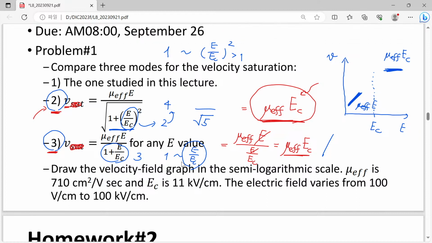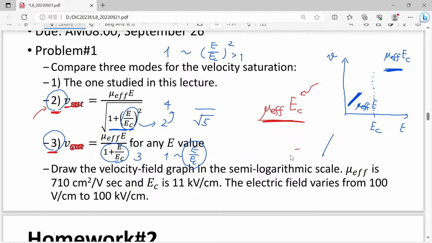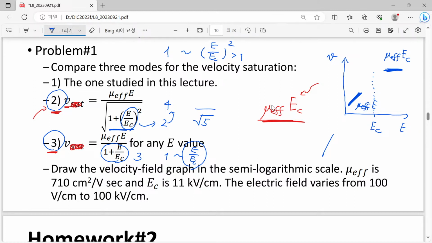So for this second model, when the electric field goes beyond the critical electric field, it is rapidly approaching this extreme.